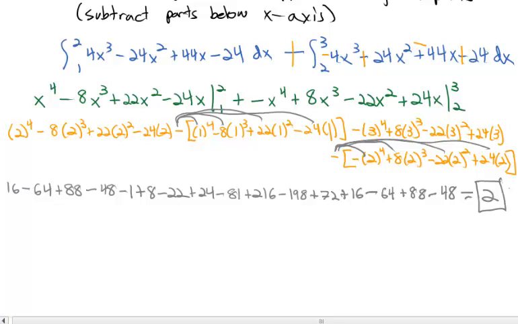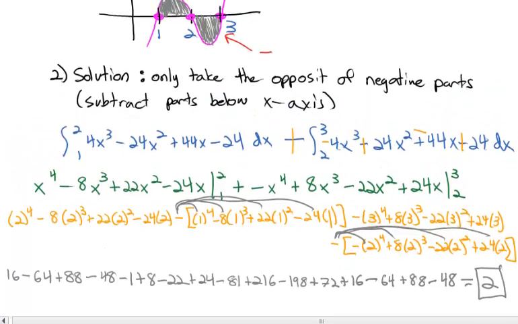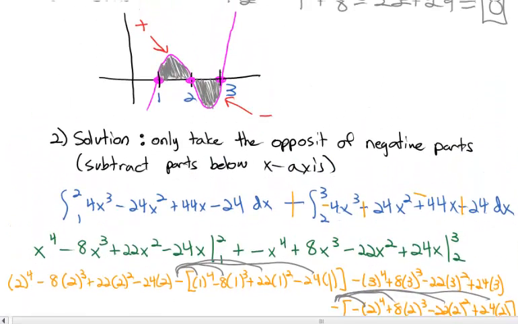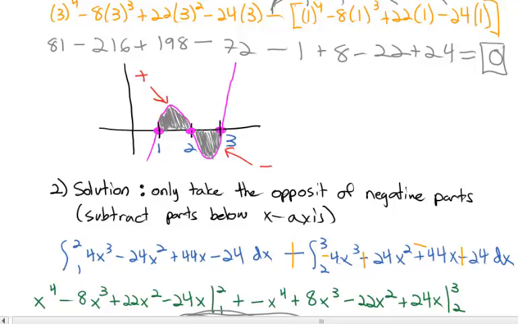A lot of math for a 2. But now we know that the area under our curve, if you remember our picture up above, has a total area of 2. It seems that there is an area of 1 in each little hump.